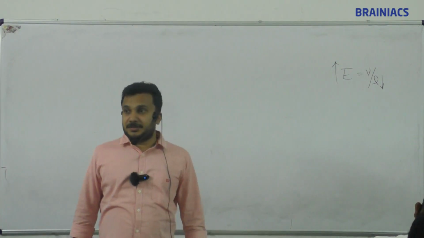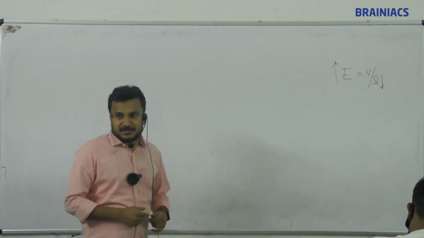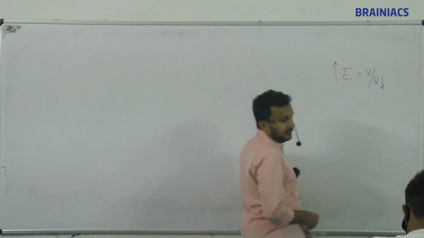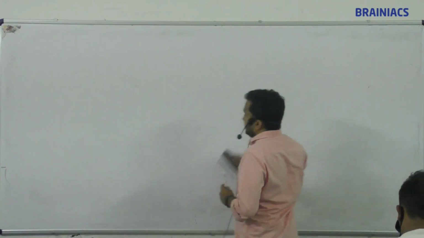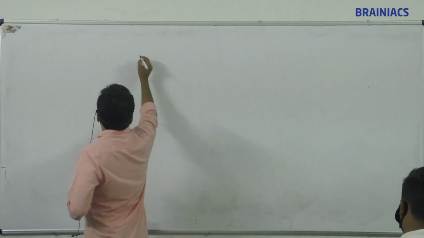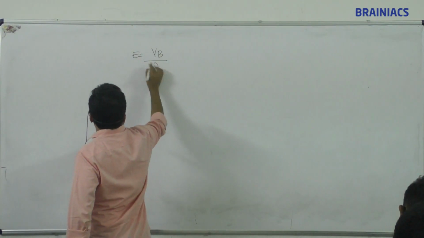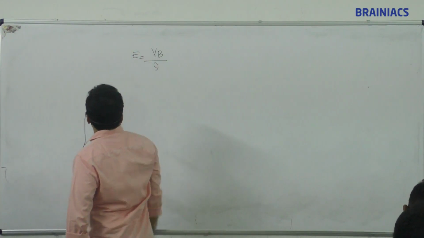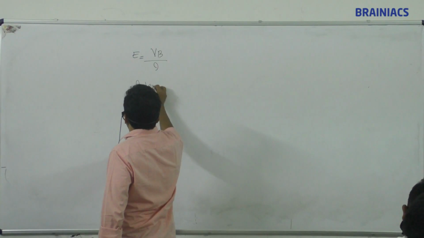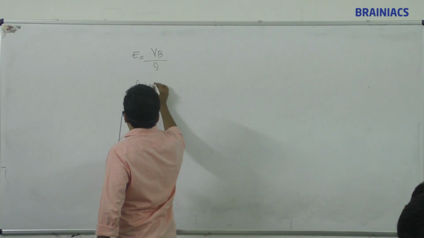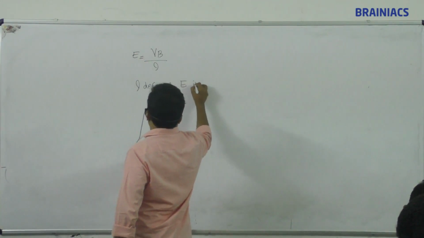When depletion region width decreases, as per the equation E is equal to VB, the barrier potential, by L: L decreases, E increases.